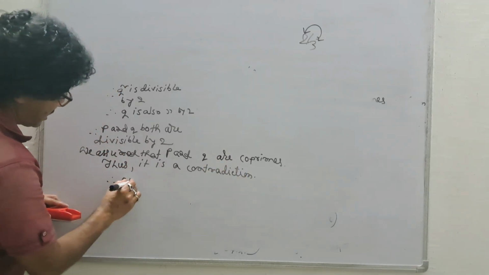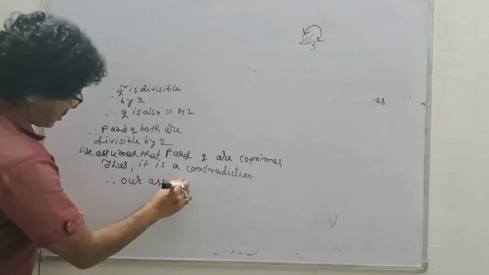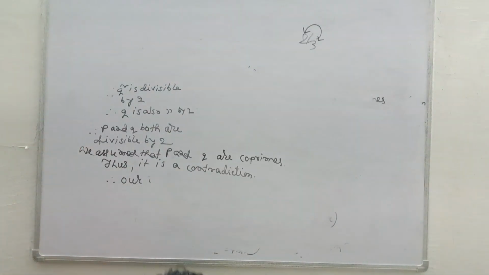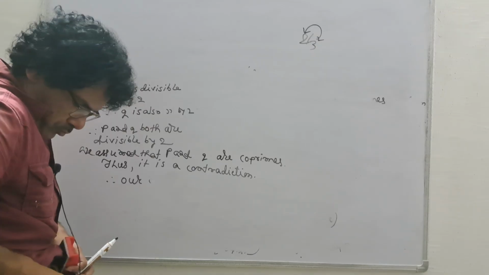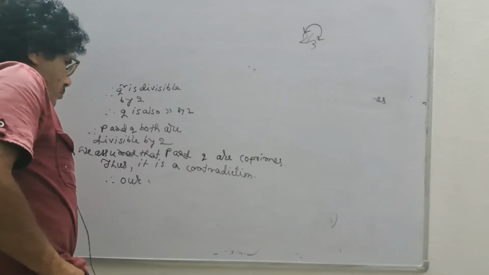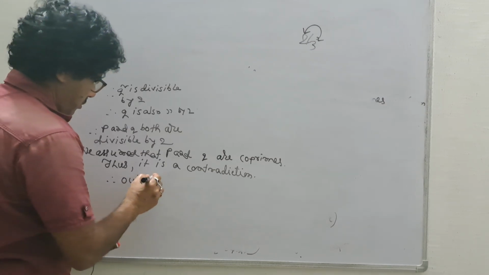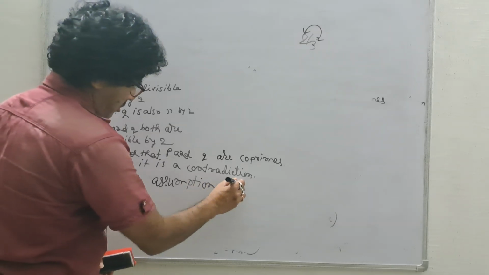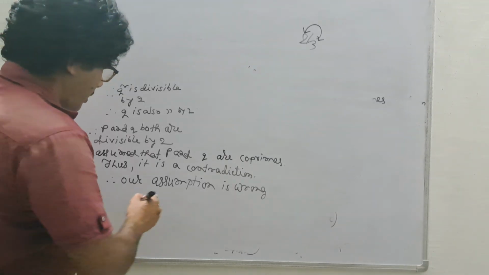Therefore, our assumption is wrong. That is, our assumption that root 2 is a rational number is wrong.